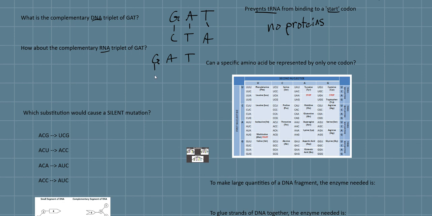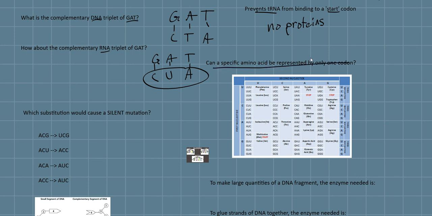But, okay, G pairs with C, that's fine. A pairs with T, but in RNA, T doesn't exist. Instead, we have uracil. And T pairs with A, and that exists, that's fine. So the complementary DNA triplet of GAT would be CTA, and the complementary RNA triplet would be similar, but instead of T, we can't write T in RNA, so we write uracil, we write U.